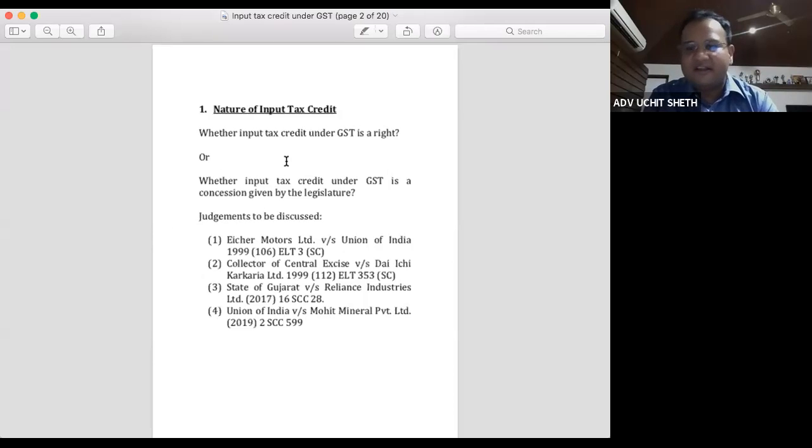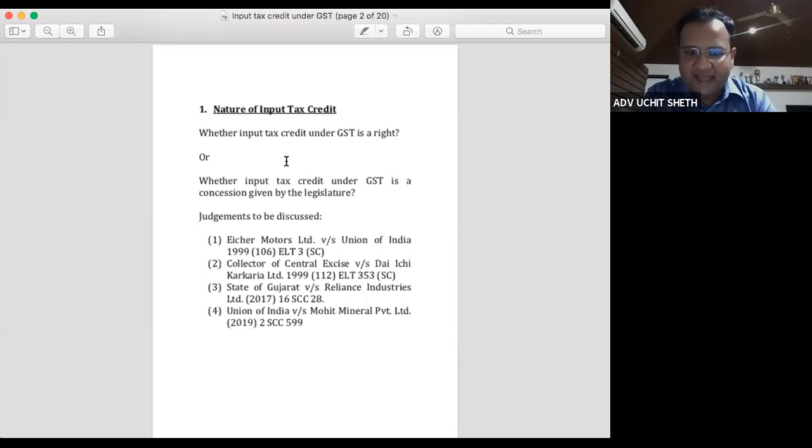One fine day, the government cannot come up and say that no, forget about that tax, we will take away that credit with a retrospective effect. That has been laid down in a number of judgments to be not permissible. So it is a concession given by the legislature, but once that concession is granted, it becomes my right, and then that right cannot be easily taken away. To understand this principle, let us analyze a couple of judgments of the Supreme Court.